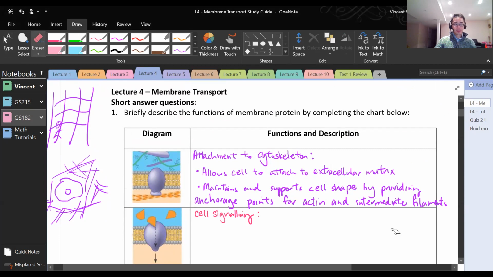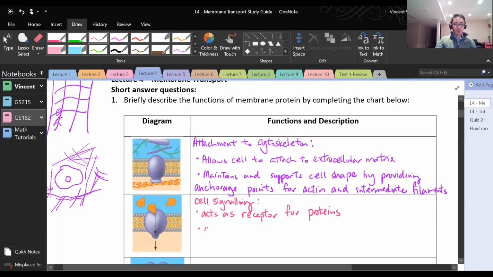Cell signaling. So they act as receptors, receptors for proteins.